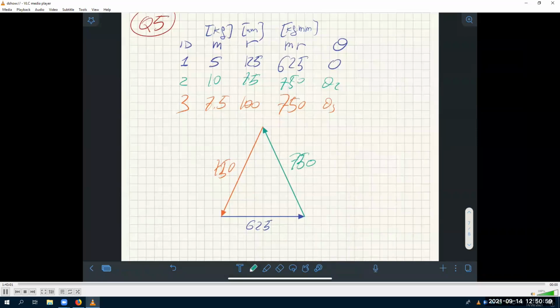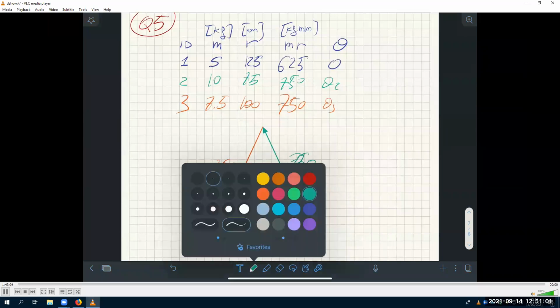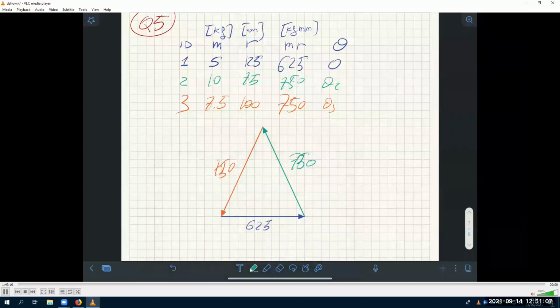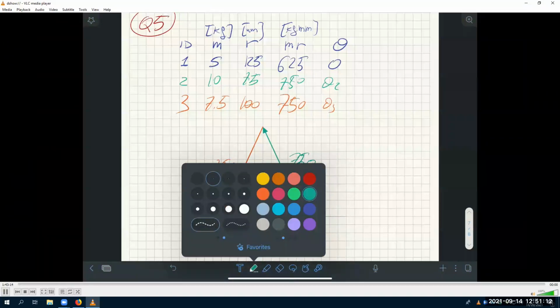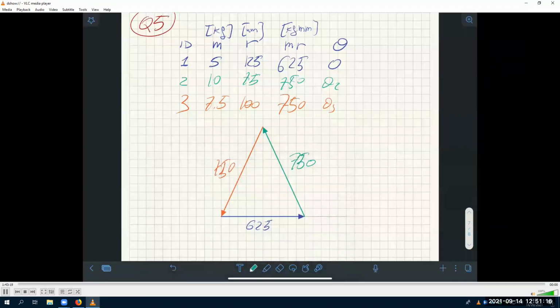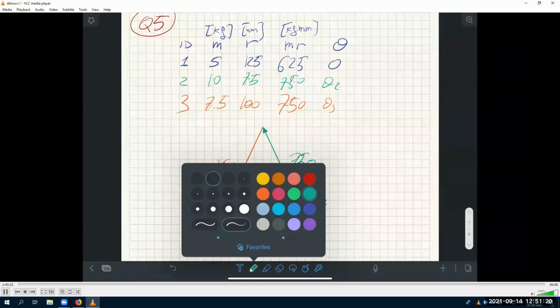Well, theta 1 is 0, we said. Theta 2 is this. And theta 3 is this.